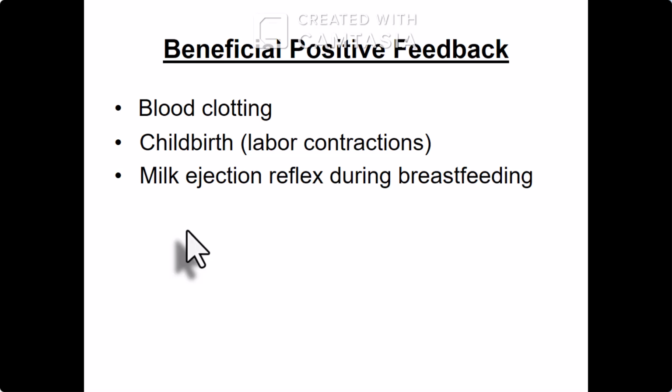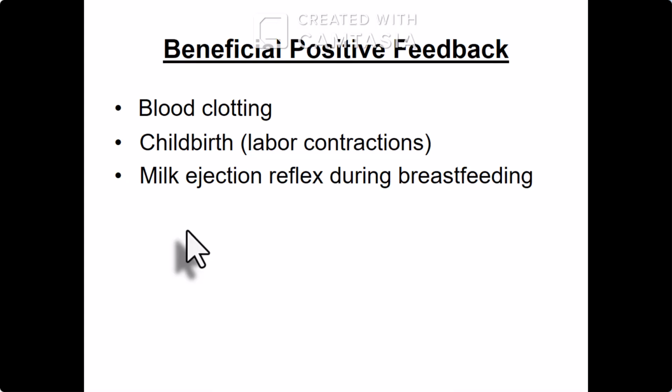Beneficial positive feedback. Positive feedback is not always harmful, but sometimes it may be beneficial. Here we have some examples, and the examples include blood clotting, childbirth, like labor contractions, and milk ejection reflex during breastfeeding. In these situations, positive feedback helps complete an important physiological process.